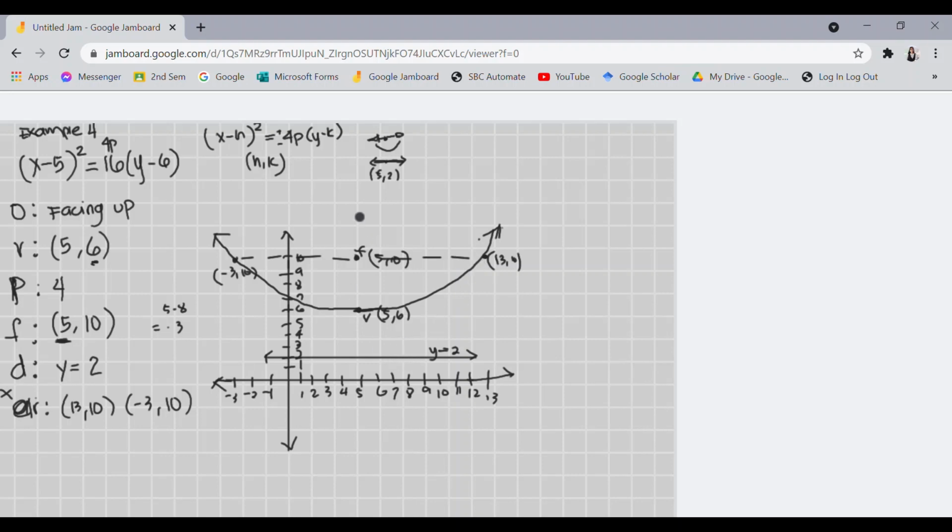And then your axis of symmetry that passes through your focus and the vertex has the equation x equals 5, or whatever the common x coordinate is of the vertex and the focus. So your axis of symmetry is given with the equation x equals 5. This is now your parabola with the equation (x minus 5) squared is equal to 16 times (y minus 6).